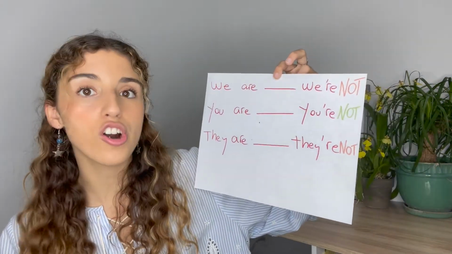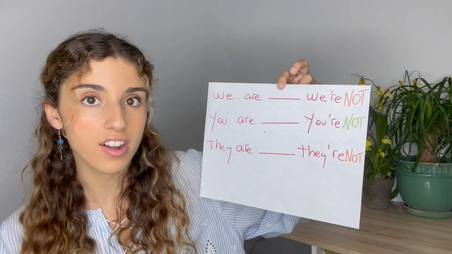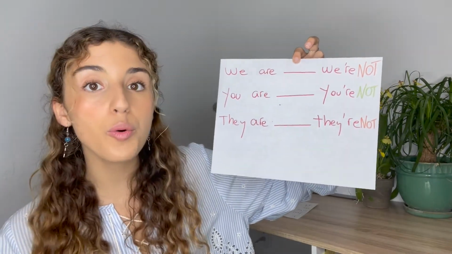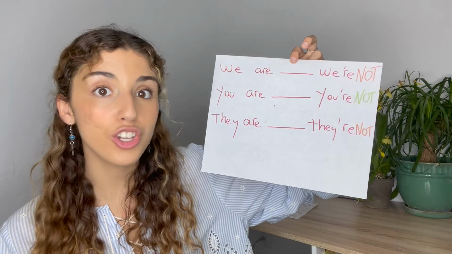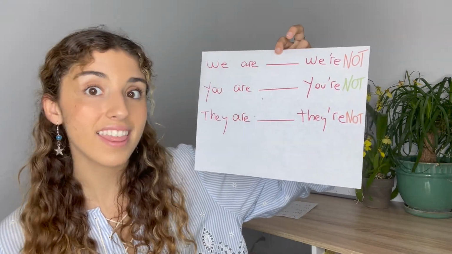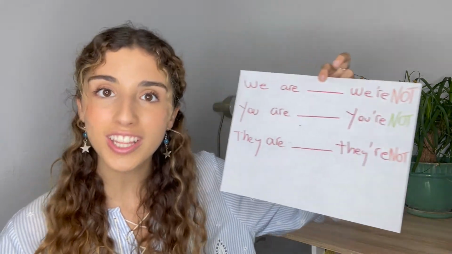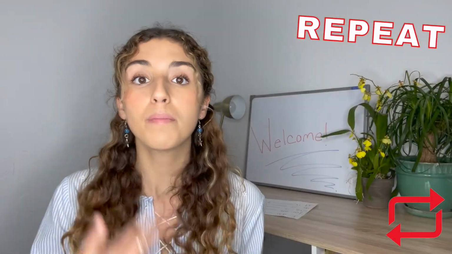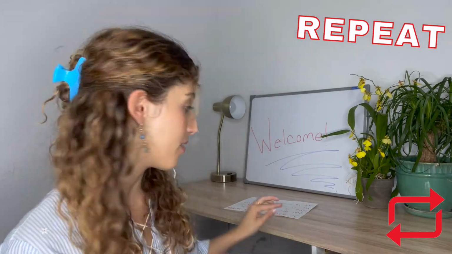We are not. We're not. You are not. You're not. They are not. They're not. Not that complicated. Now I'm going to repeat them and I want you to repeat them after me.